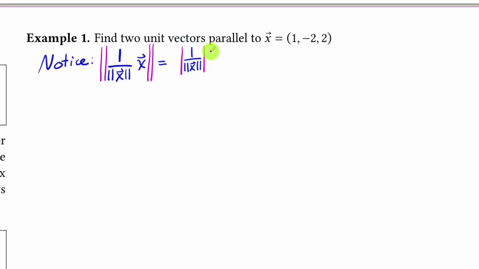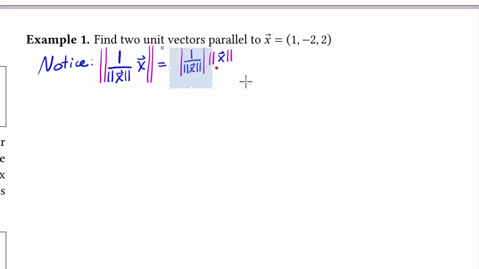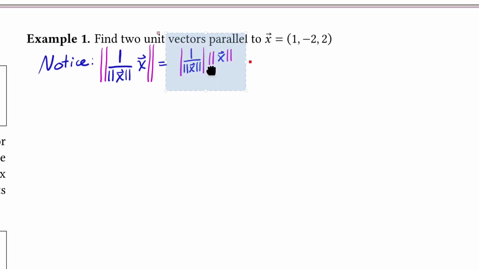We multiply that by the length of x, like so. The absolute value here isn't doing anything because this length is always a positive number, so we can just get rid of the absolute value bars.